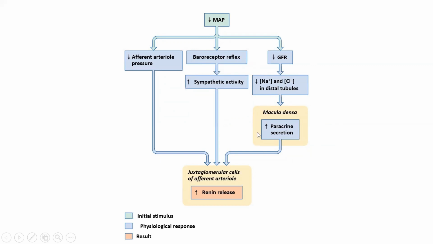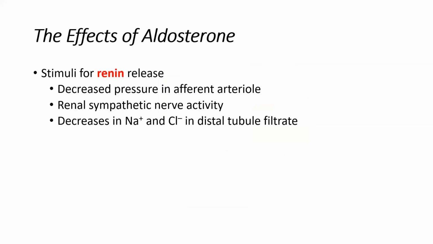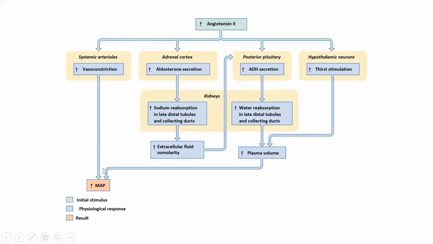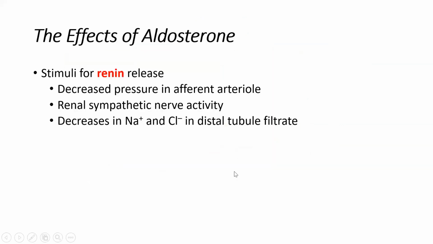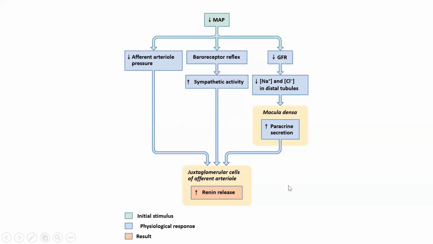The macula densa cells will pick that up and send signals to the JG cells. They will secrete renin, and because of the other things that we spoke about, renin will eventually lead to angiotensin 2. Angiotensin 2 will bring about those four mechanisms that we described. So these four mechanisms will help to correct that mean arterial pressure. And then in a more direct way, aldosterone will also come into play, which will help to correct that sodium.